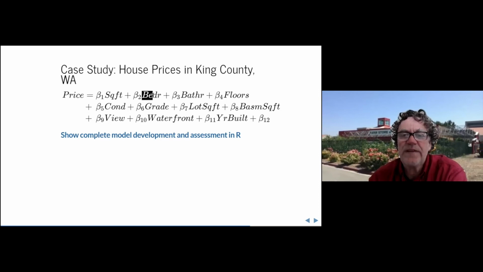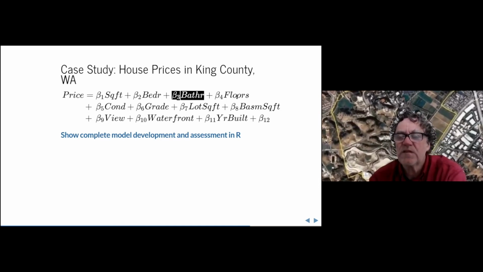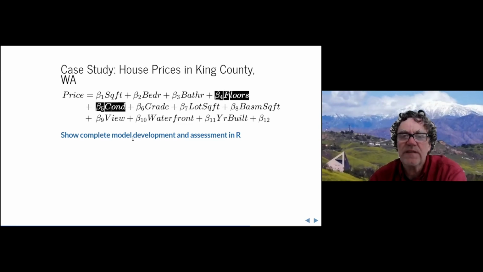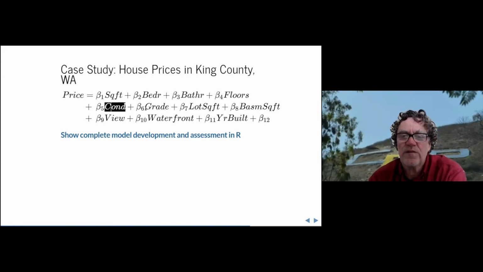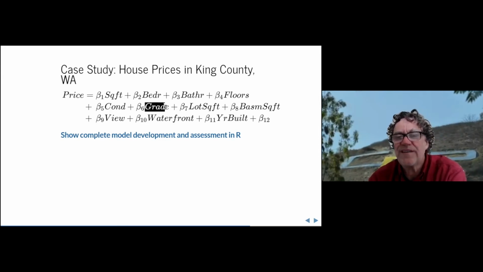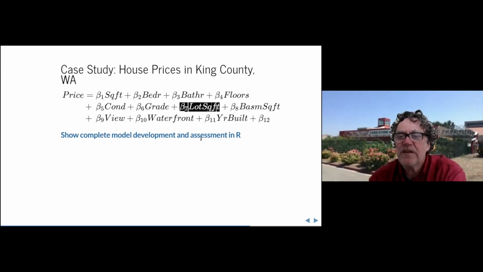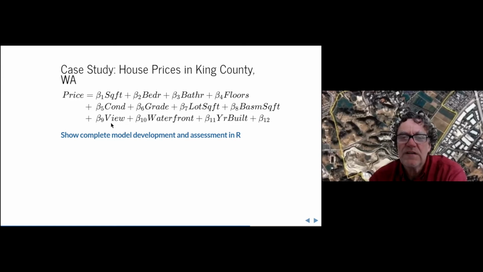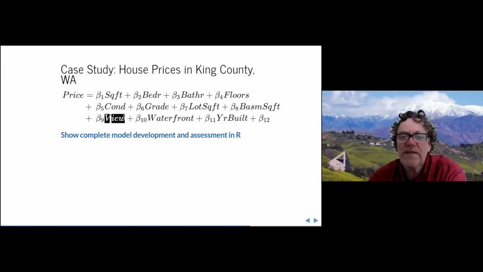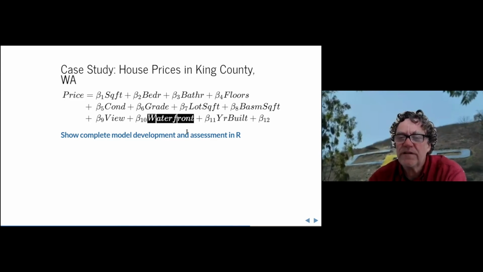The number of bedrooms times a number, the number of bathrooms, the number of floors, the condition the house is in on a scale from 1 to 10, how much it is upgraded on a scale from 1 to 10, the square footage of the lot, the one of the basement, how good the view is, and our variable waterfront.